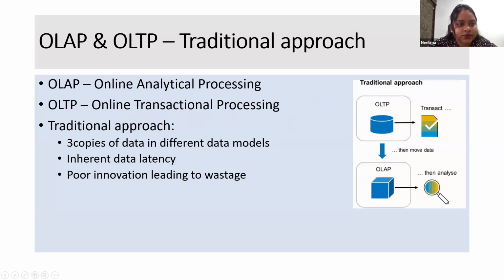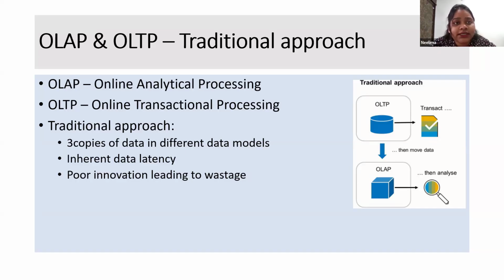Here in this slide, we'll learn in detail about OLTP and OLAP in the traditional approach. The traditional approach is nothing but how OLTP and OLAP were handled by the SAP system before the HANA database was introduced. So basically, as I already mentioned, OLTP is online transactional processing, and OLAP stands for online analytical processing.